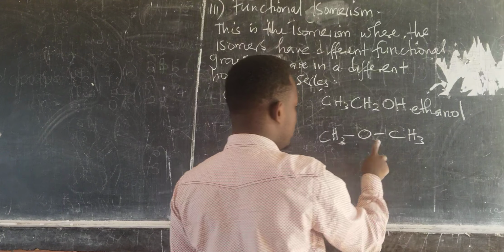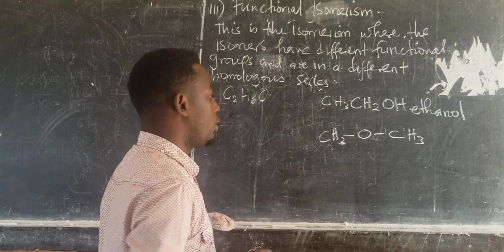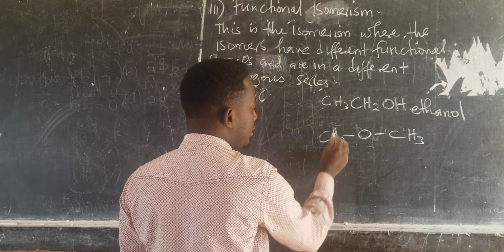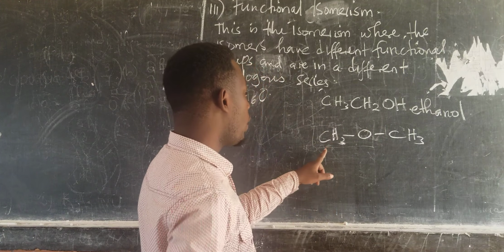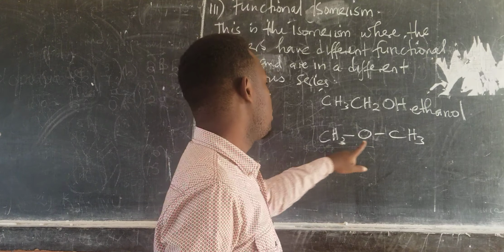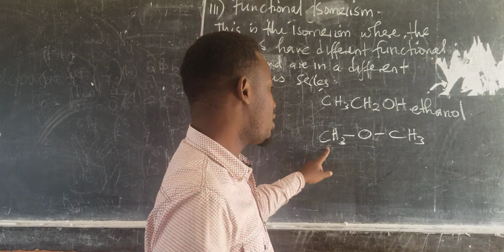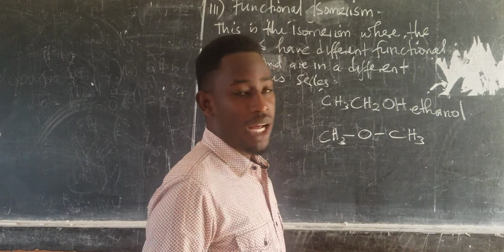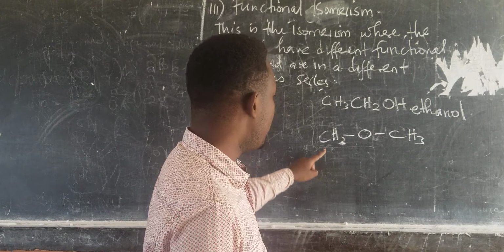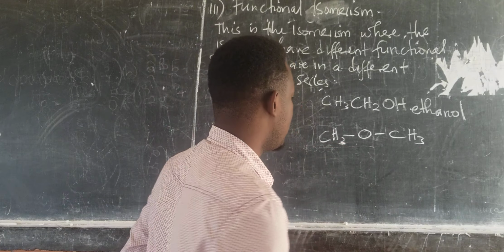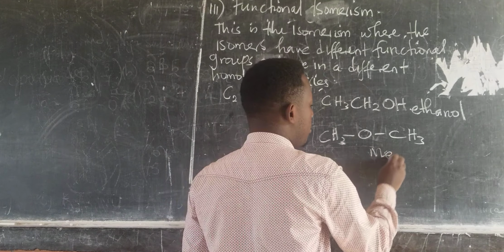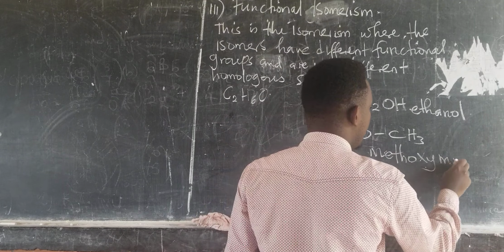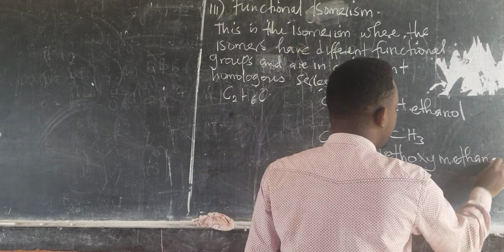On the other hand, this is not ethanol. When you look at this one, this is a derivative of an alcohol. I can call it methoxy because it comes from methanol. Then this is a derivative of an alkane, methane. So it becomes methoxymethane.